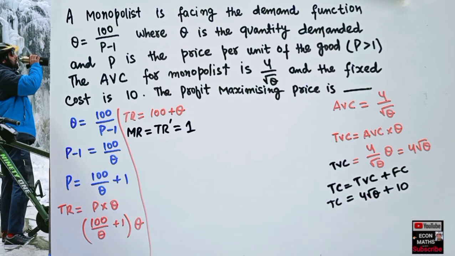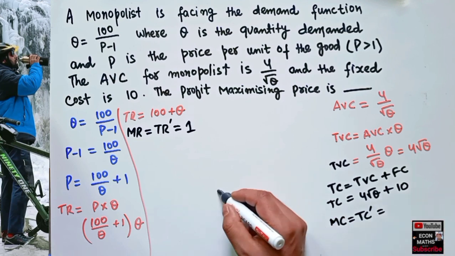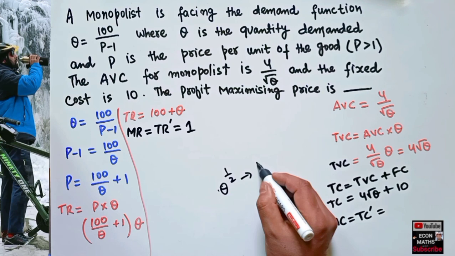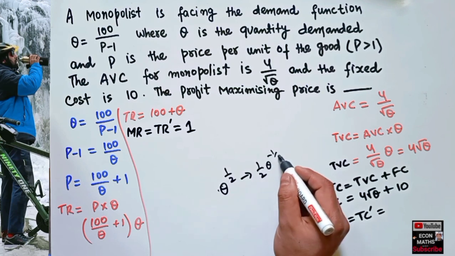And what is marginal cost? Marginal cost is the derivative of the total cost function with respect to output. If I take the derivative of this function with respect to output, what will I get? The derivative of under root q, so we have q to the power 1 upon 2, is 1 upon 2 q to the power minus 1 upon 2.